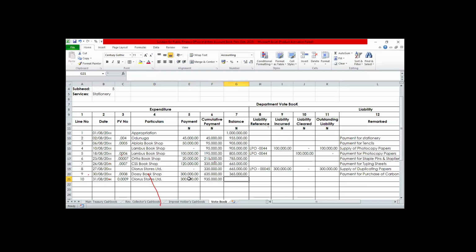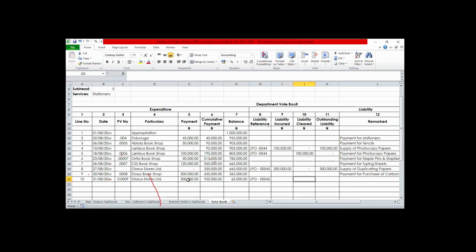Then we come here. 365,000 minus the current payment. We have 65,000 as the balance there. Now, what is the liability reference for that Olorus? PV number 0009. Okay.